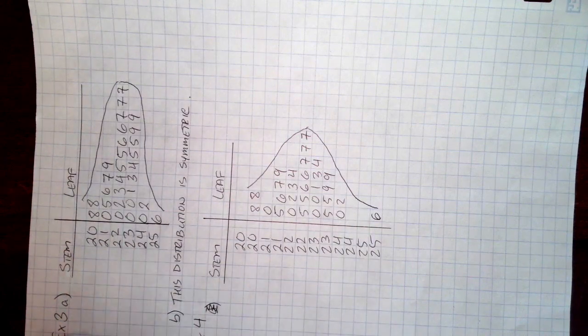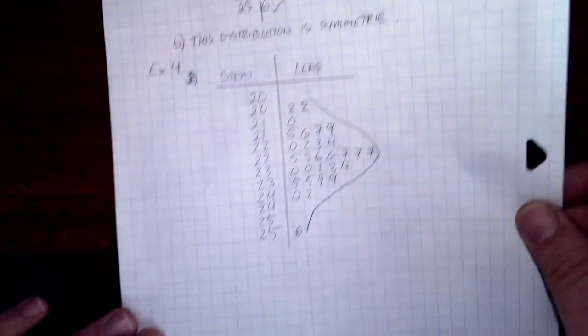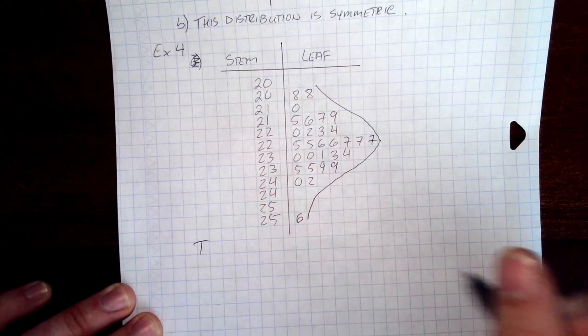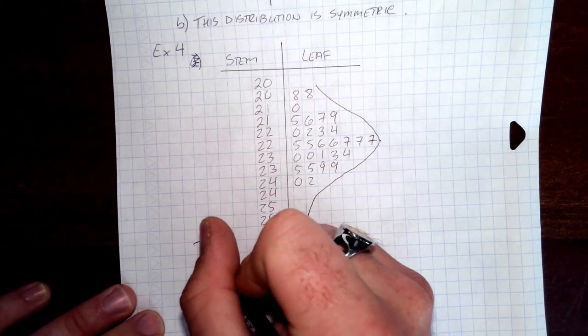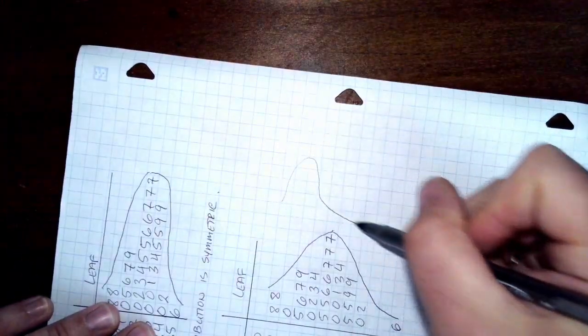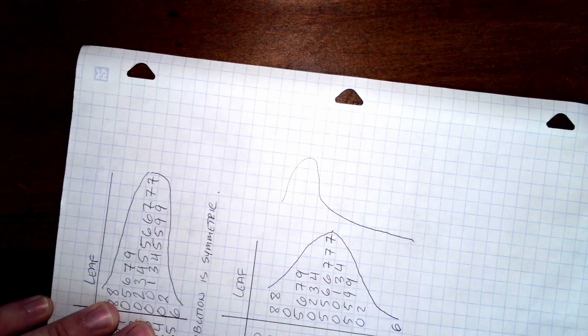It looks more symmetric than that. Again, it's mostly symmetric, and mostly is good enough for small data sets like this. It has to be really, really skewed to the right, something like that. That would definitely be skewed right.